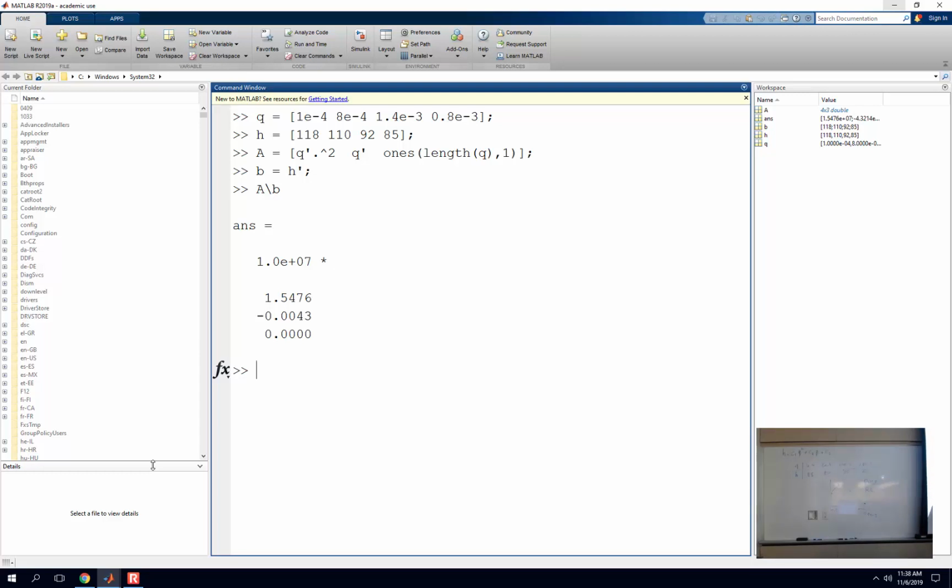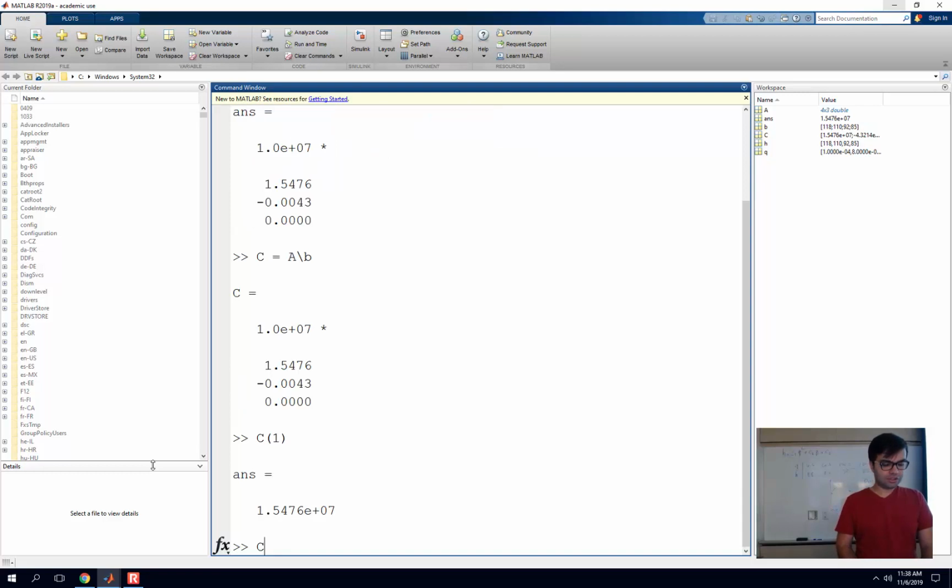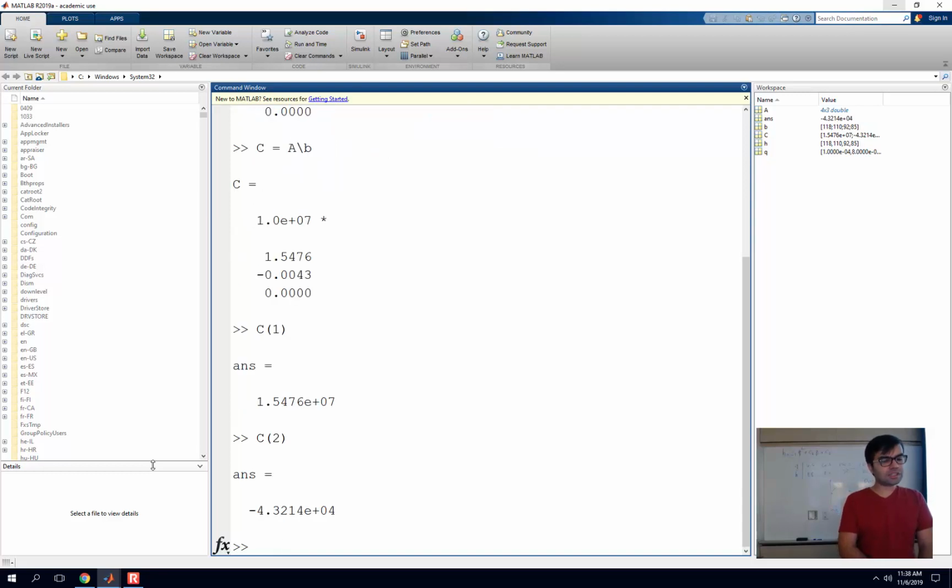It's just hard to get this value. What you can do is say C is equal to A backslash B. In this case, C of 1 is your first coefficient, C of 2 is your second coefficient, and C of 3 is your third coefficient.